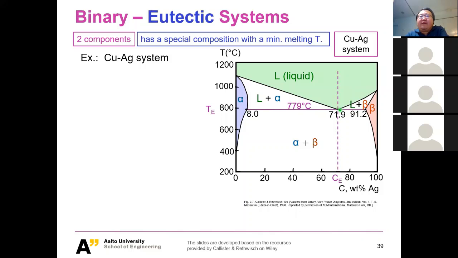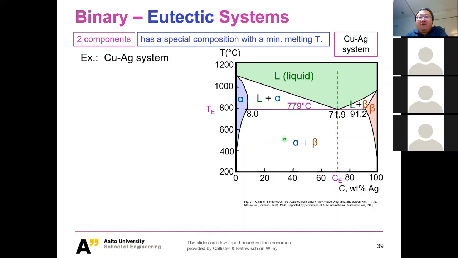Why do we have such a case? The driving force is that you don't have a 100% soluble case for your two components. On the left-hand side we have alpha, where your silver is completely dissolved in copper, and on the right-hand side you have beta, which is your copper completely dissolved in the silver.